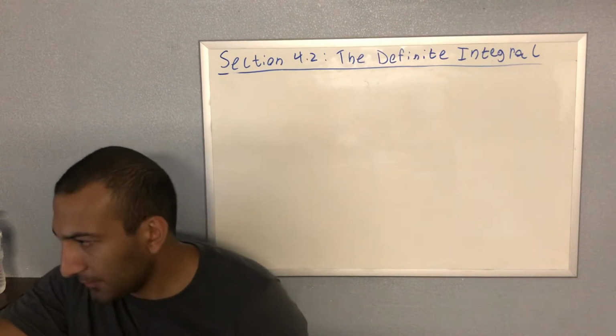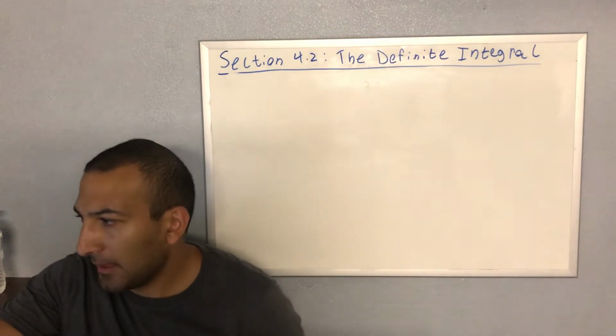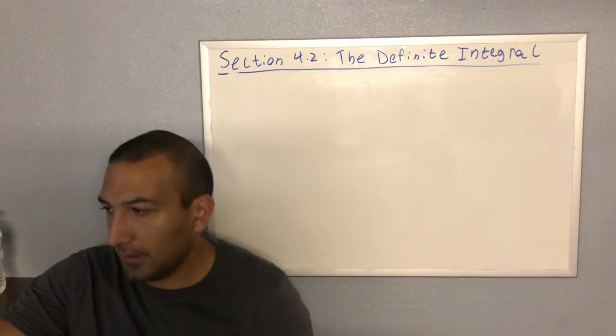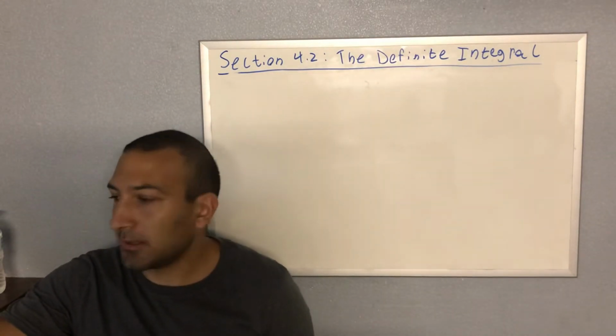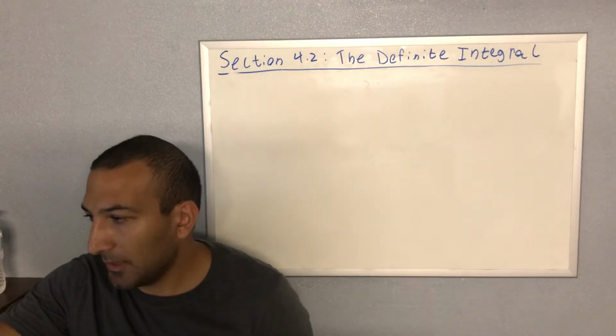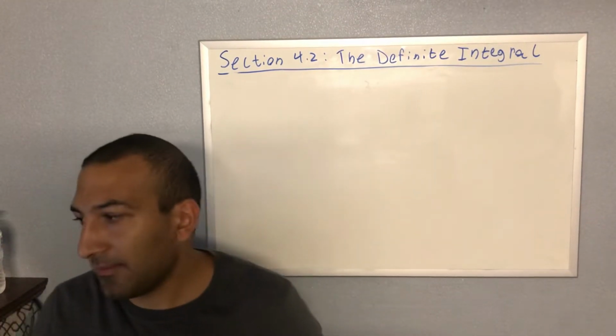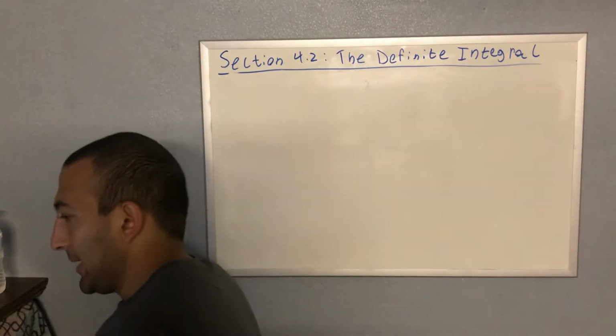Okay. So yeah, I think that's good for now. We can definitely move on to the next section. So that's all the properties of the definite integral and things like that.